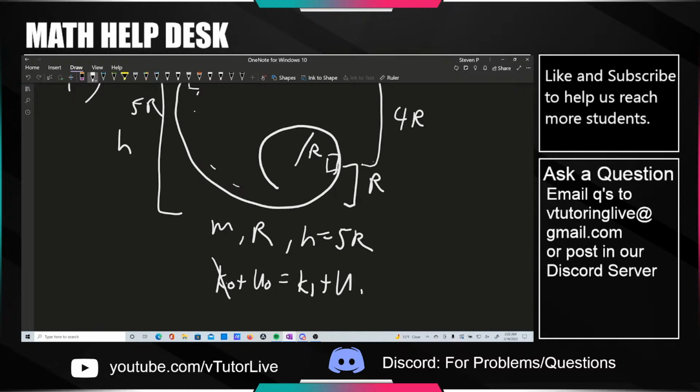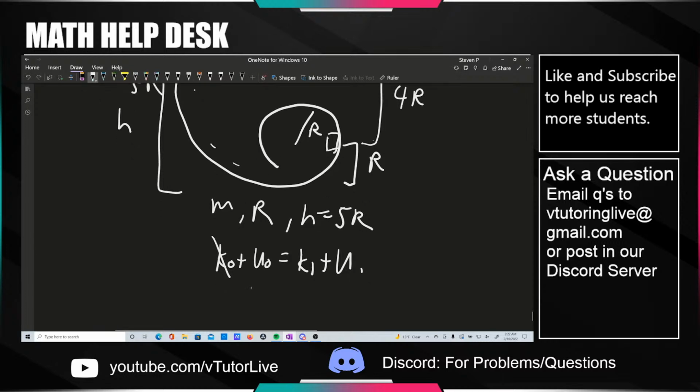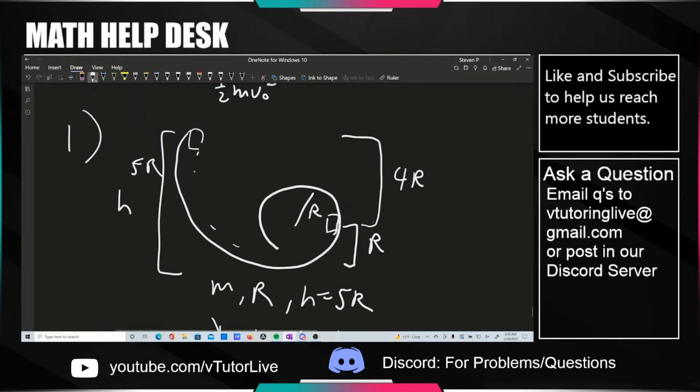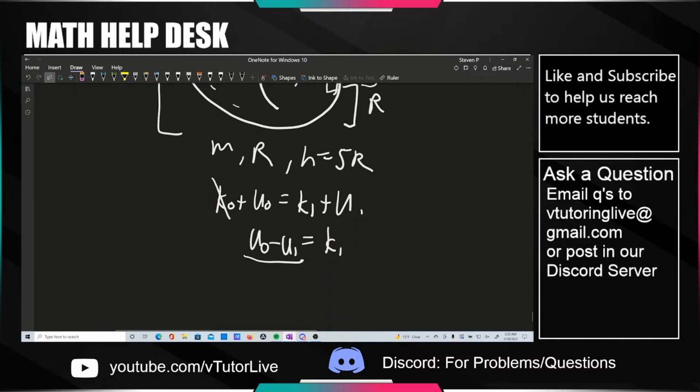K0 is 0 because it's at rest initially. So U0 minus U1 is equal to K1. This is just mg times the change in height, 4R. So mg times 4R is equal to 1/2 mv1 squared, and you can solve for v1.